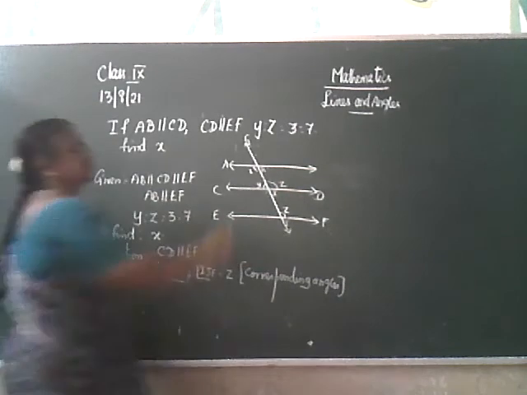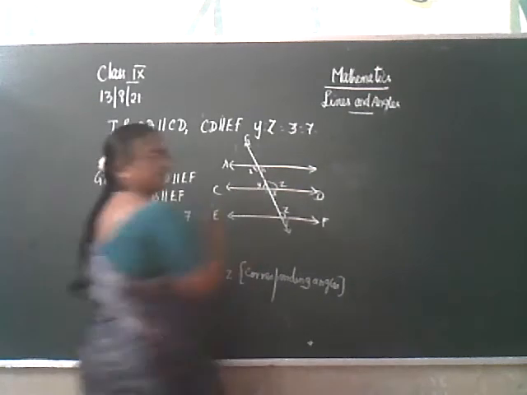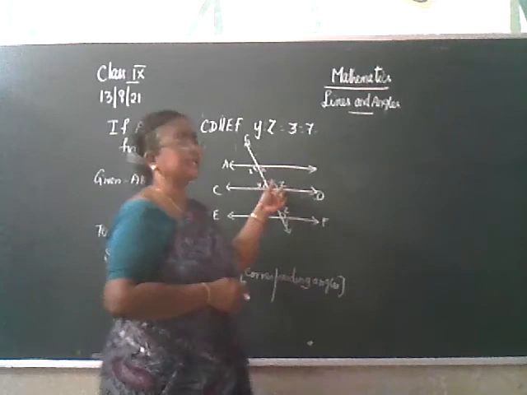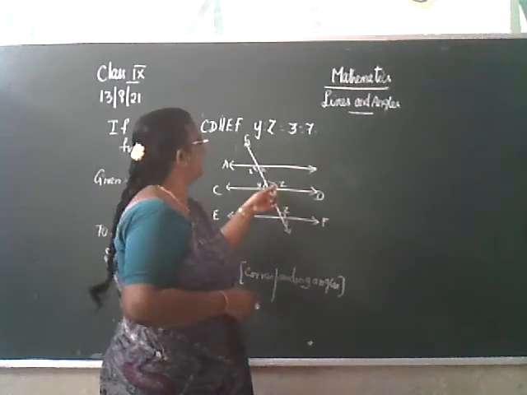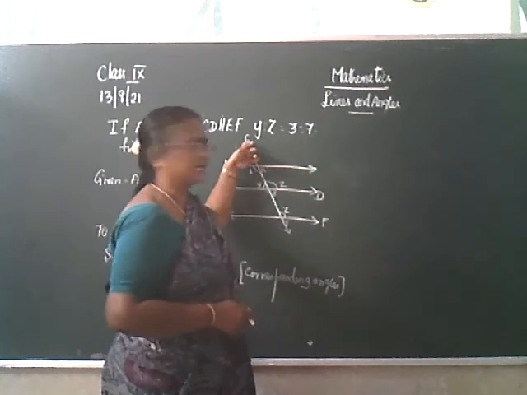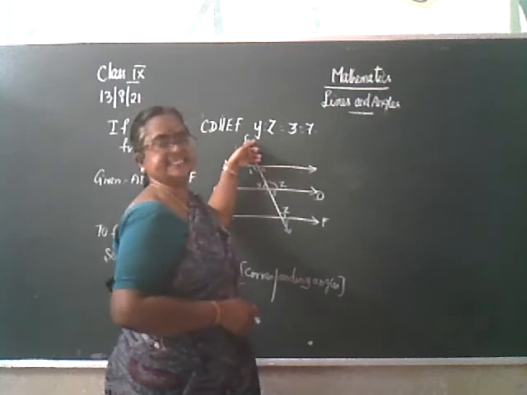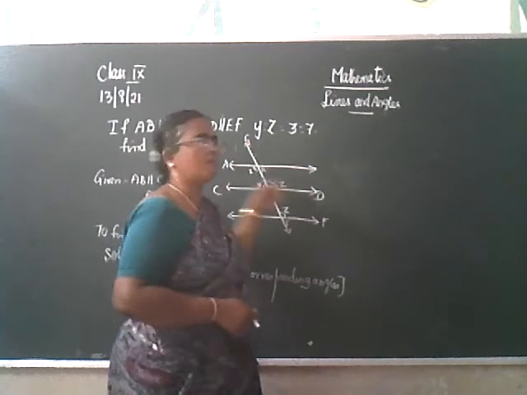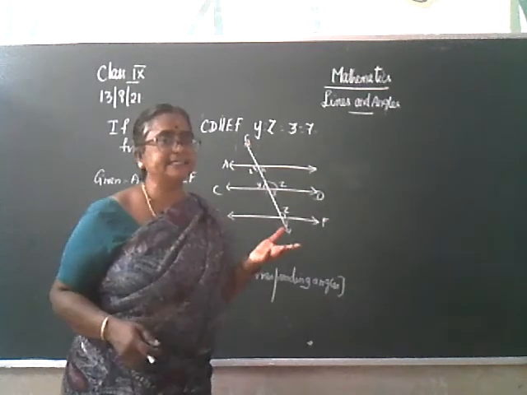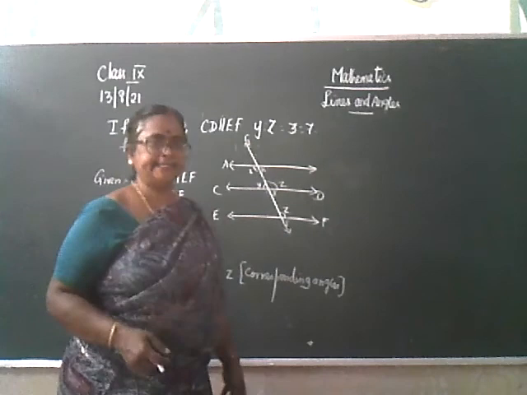What about these two? Yes, they form a linear pair. When a ray stands on a straight line, so if IG is the ray, then the sum of the linear pair is equal to 180 degree.